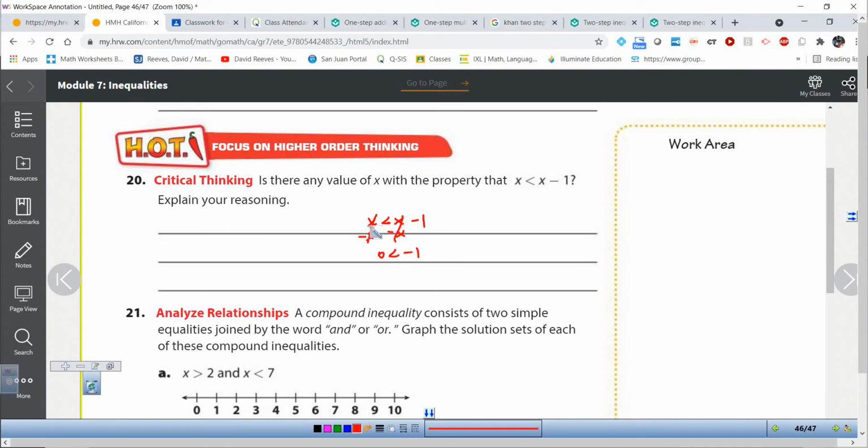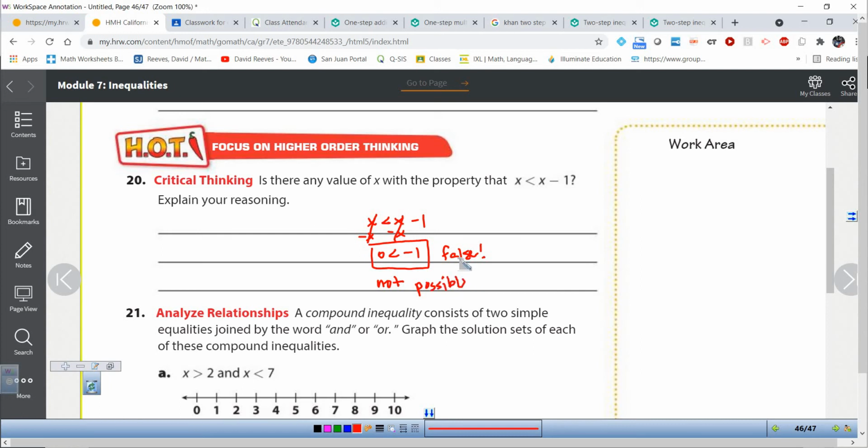Do you remember those equations that had infinitely many solutions or no solutions? All right, we looked at it and said, after we eliminate the variables, is it true or is it false? Is 0 ever less than -1? Well, that's false. 0 is always bigger, so it is not possible.